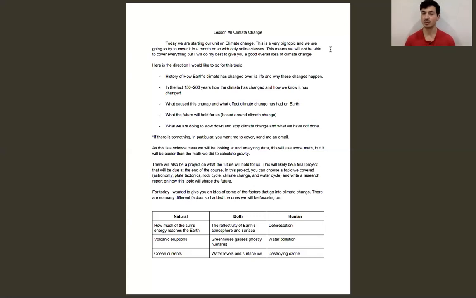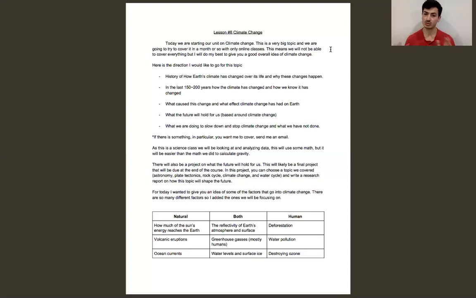For astronomy, you could look at space travel if you wanted to. You could look at what research is going on now, or what research is being proposed for the future, for what possibilities lie ahead. Or for plate tectonics, you could predict how the plates are moving, and how that will affect how Earth ends up, or the future of Earth.